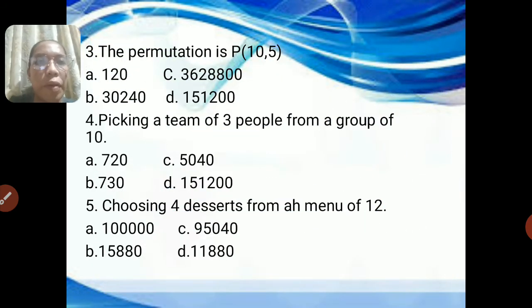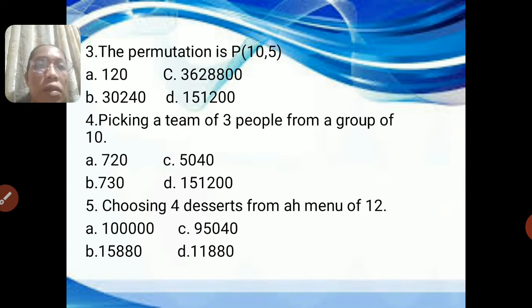Number 3, the permutation of P(10, 5) is: A, 120; B, 30,240; C, 3,628,800; D, 151,200.